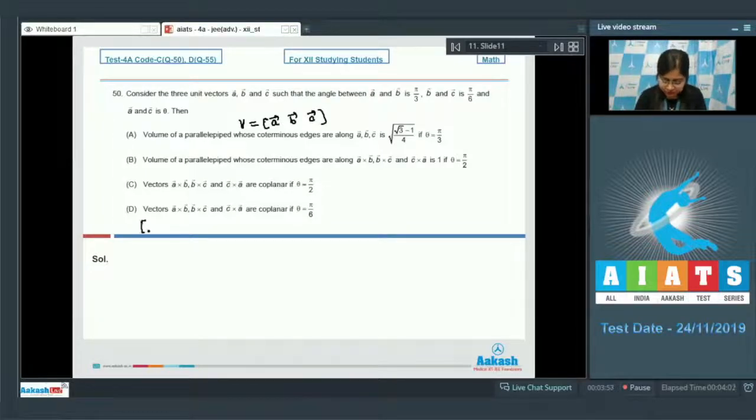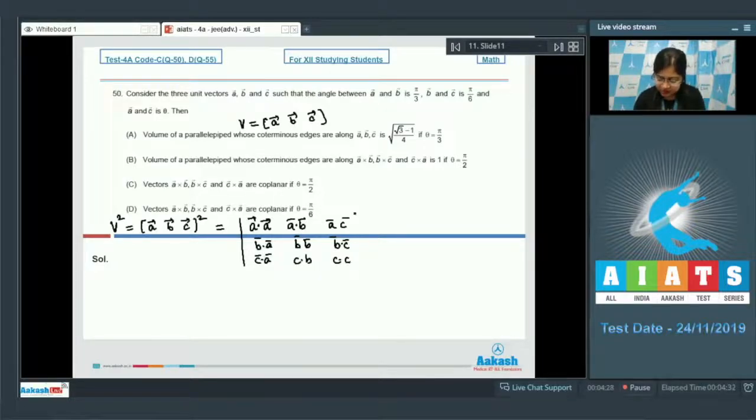So volume of this parallelopiped will be equal to scalar triple product ABC. So now let us find here firstly the value of ABC whole square, that is V square. Now this we know can be written equal to determinant A dot A, A dot B, A dot C, B dot A, B dot B, B dot C, C dot A, C dot B and C dot C, right?